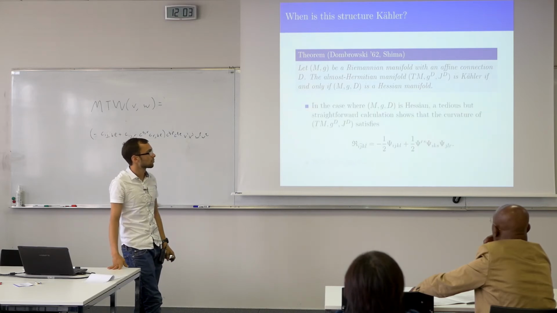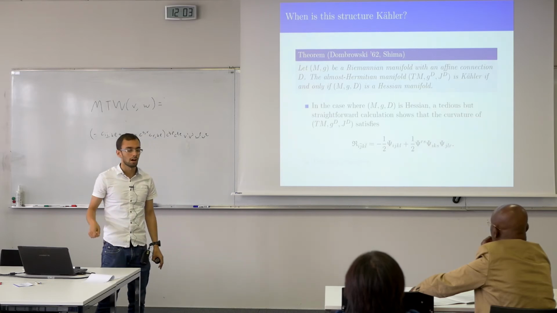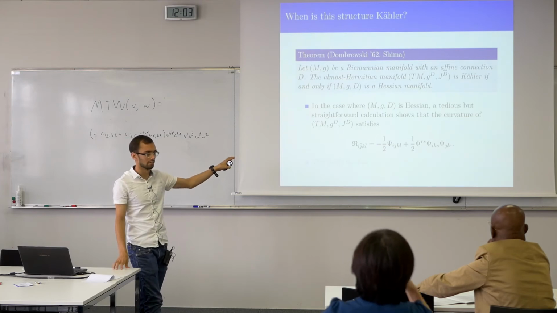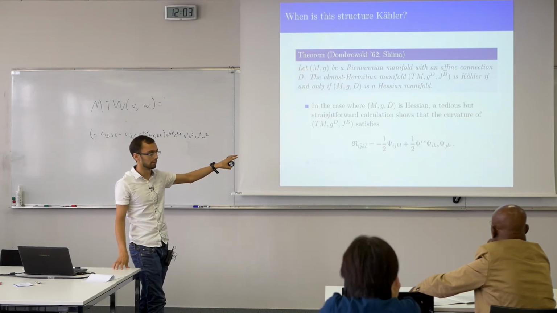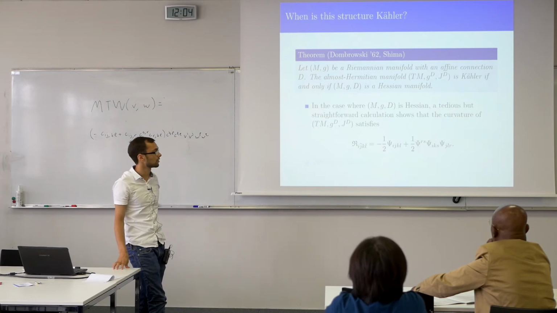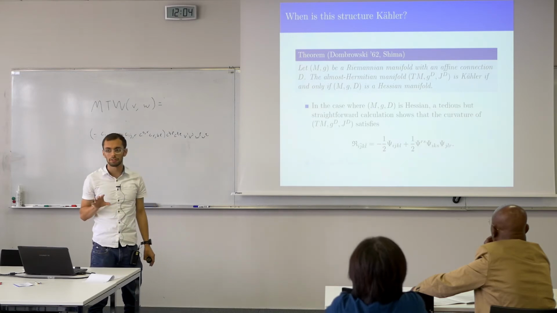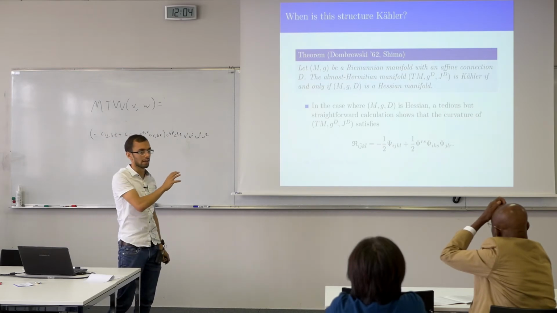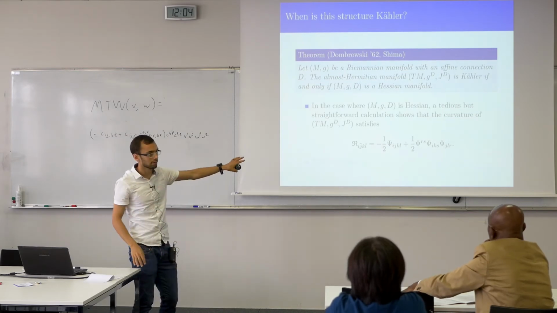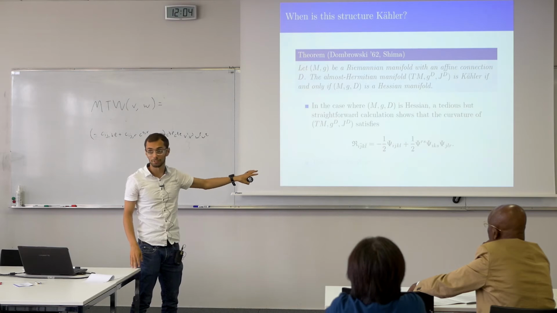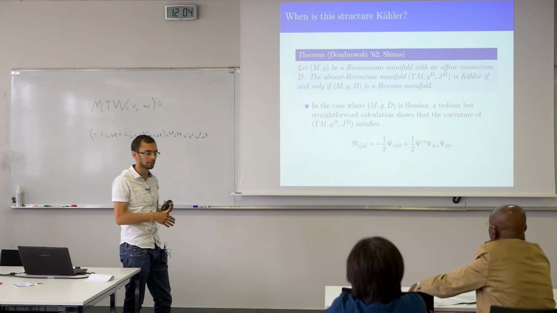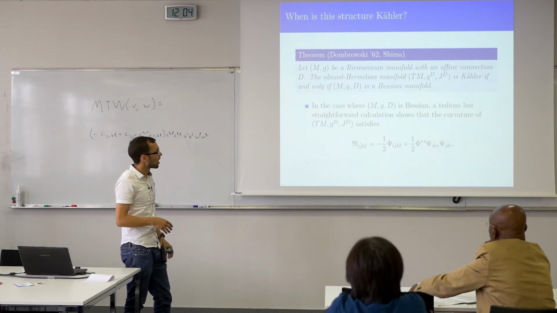So in the case when this is Hessian, we can compute its curvature. And we find the following expression for the curvature of the tangent bundle with the Sasaki metric. I'll note that this thing right here is negative what Shima defined to be the Hessian curvature, which is a common thing in Hessian geometry.